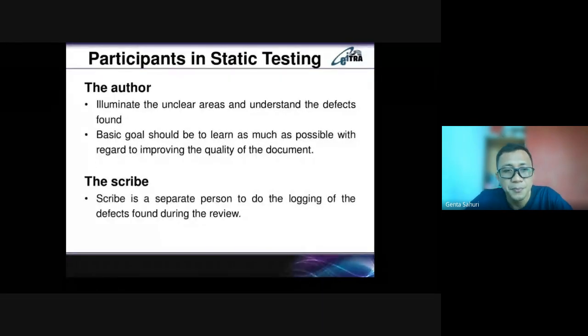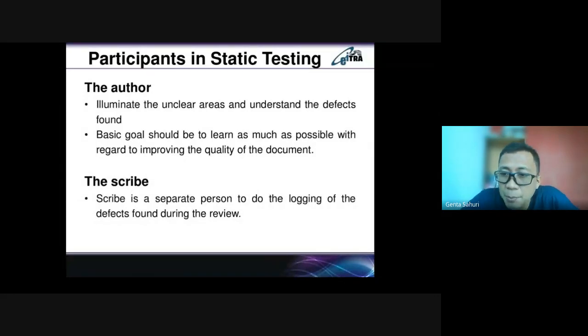The other role is to eliminate the unclear areas. Make sure to remove the gray area, make it clear, and understand the defects found. The basic goal should be to learn as much as possible with regard to improving the quality of the document.